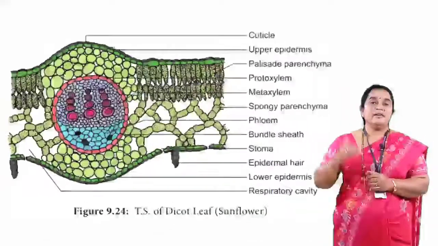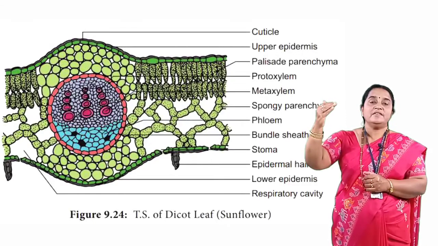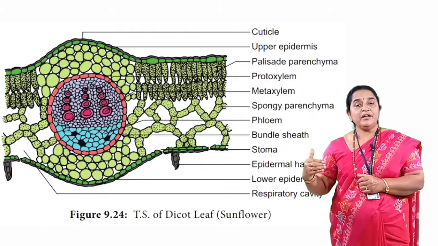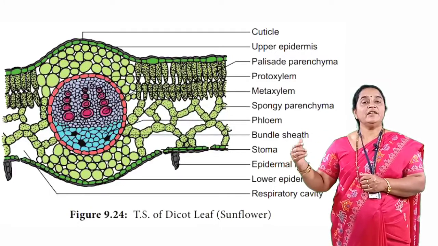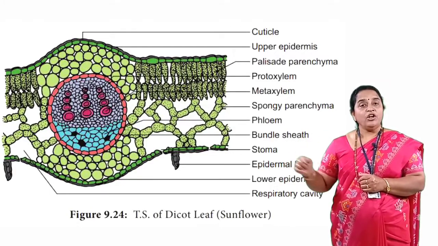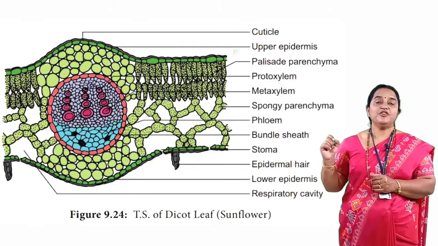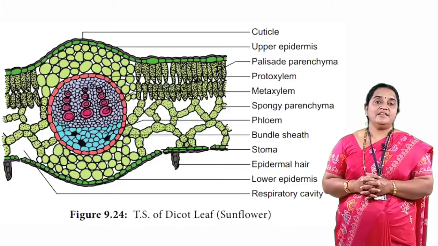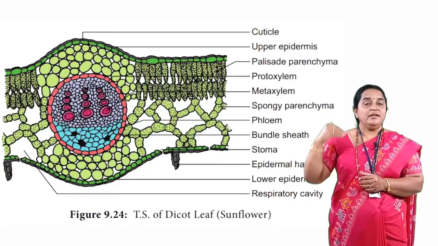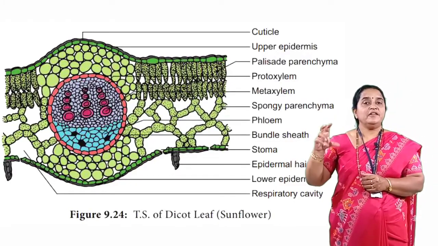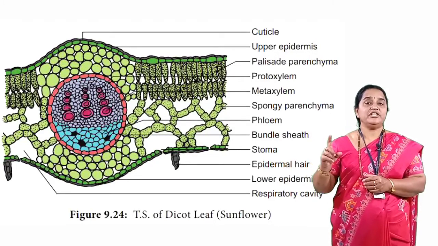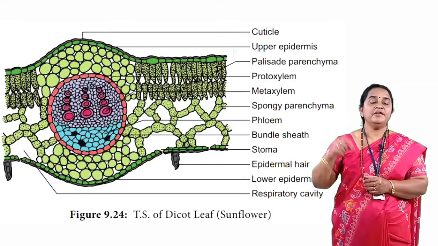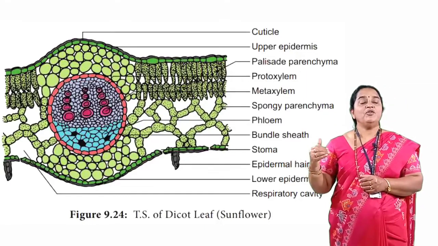In dicot leaf, upper epidermis is with trichomes protected by cuticle. Lower epidermis is also protected by cuticle having trichomes, and on the lower epidermis we can see the stomata guarded by bean shaped guard cells. In between upper and lower epidermis, there is chlorenchyma differentiated as palisade mesophyll below upper epidermis, spongy mesophyll above lower epidermis.